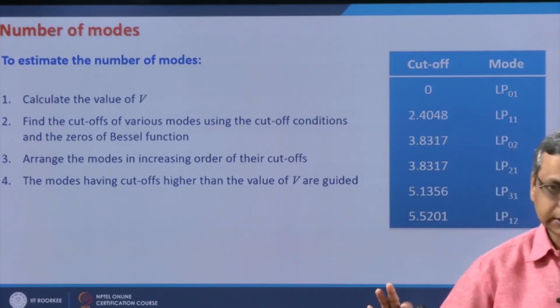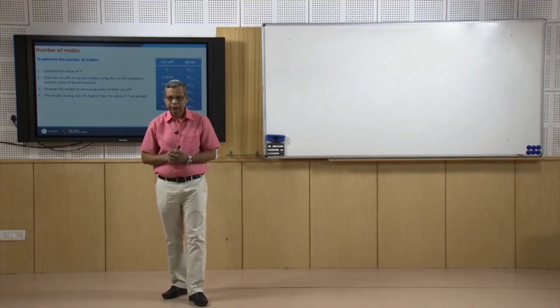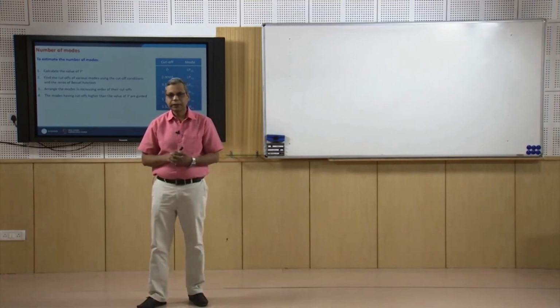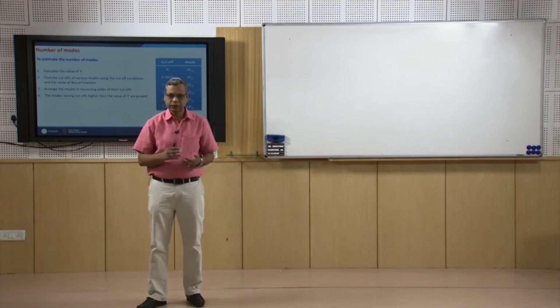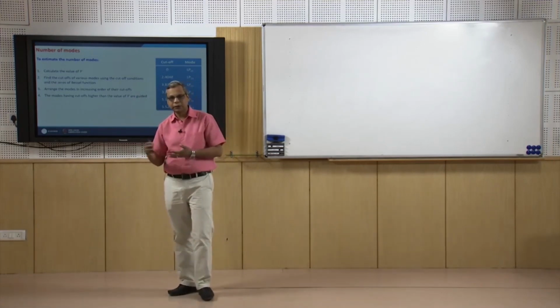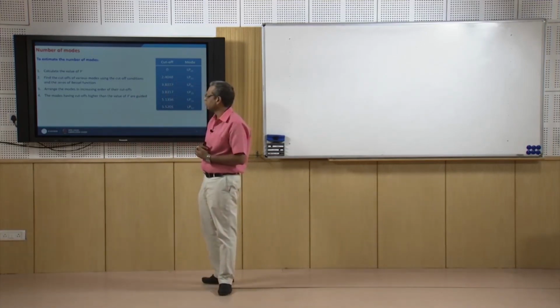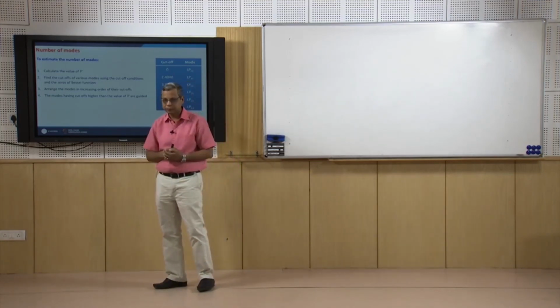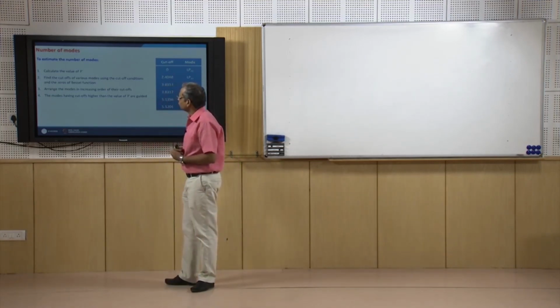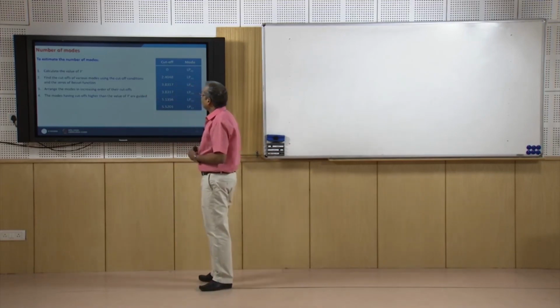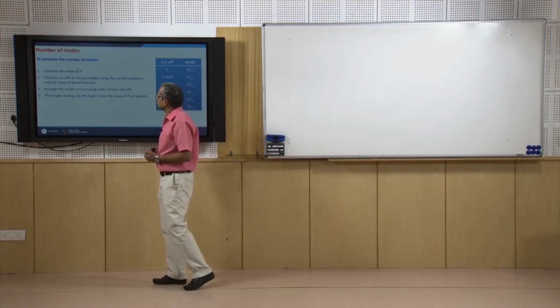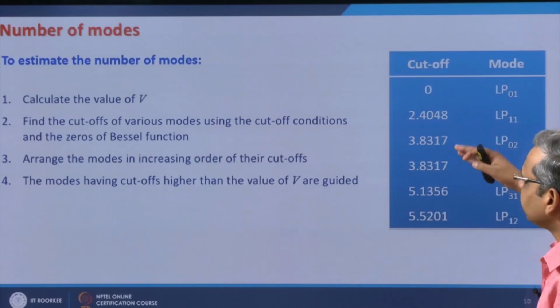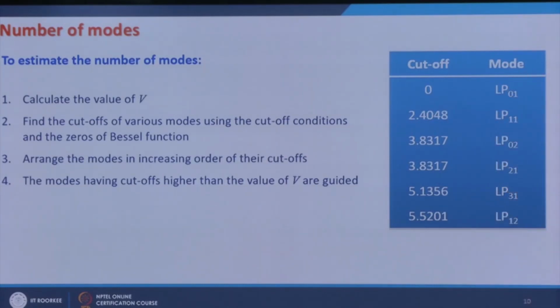You have the cutoff condition for the L equal to 0 modes, and for L not equal to 0, the cutoff conditions are in terms of the zeros of Bessel functions. So, you find the cutoffs and then arrange the modes in the increasing order of their cutoffs.